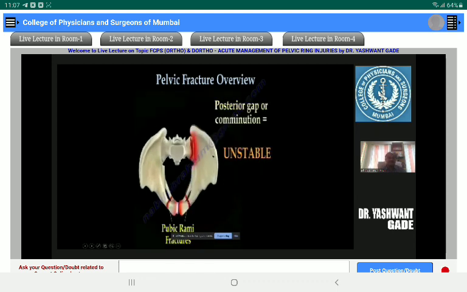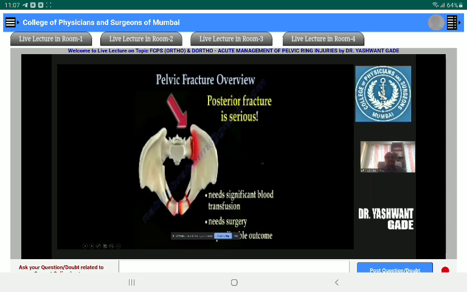So if there is a posterior gap along with the pubic rami fracture or anterior injury, usually this posterior gap or comminution is an unstable injury.